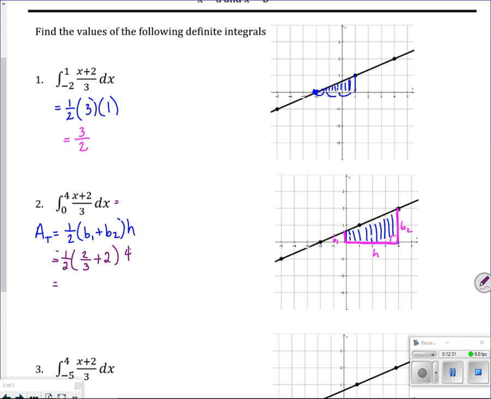I'll do the 1/2 and the 4, so 4 divided by 2 is 2. This guy, let's get a common denominator, so I'll change that to 6/3, so that's 8/3. And so my final answer becomes 16/3. So that integral is equal to, that's ugly, 16/3.